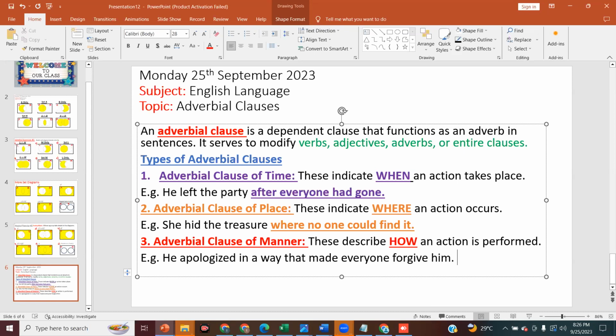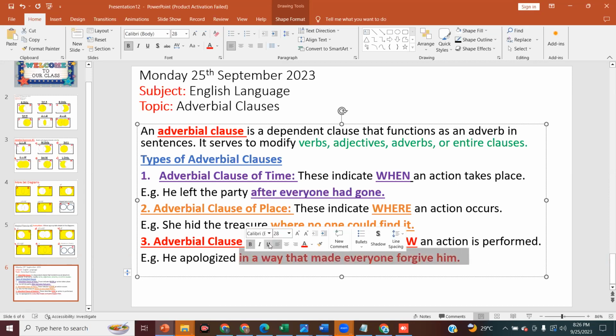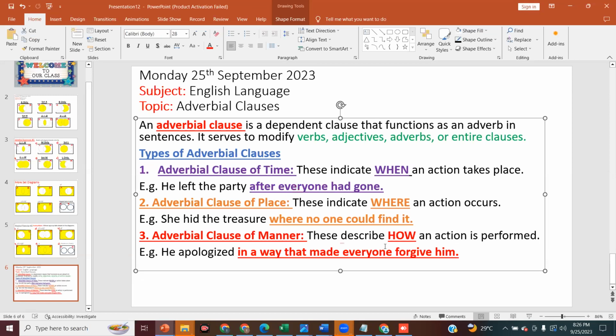Question, what is the adverbial clause of manner? In a way that made everyone forgive him. So how did he apologize? In a way that made everyone forgive him. Understand? So the adverbial clause tells us how they performed the action. Was it fast? Was it slow? In what manner?